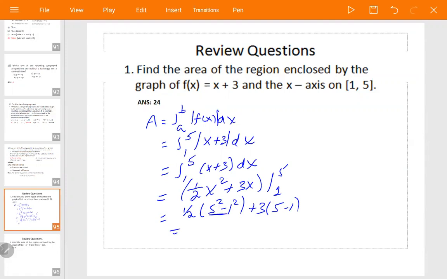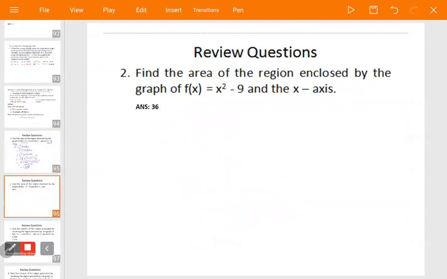This is 24. Half of 24 is 12, plus this is 4, 3 times 4 is 12. So I'll have 24. Therefore, the area of the region that is enclosed by the graph of this function f of x equals x plus 3 and the x-axis on this closed interval 1,5 will be 24 square units.